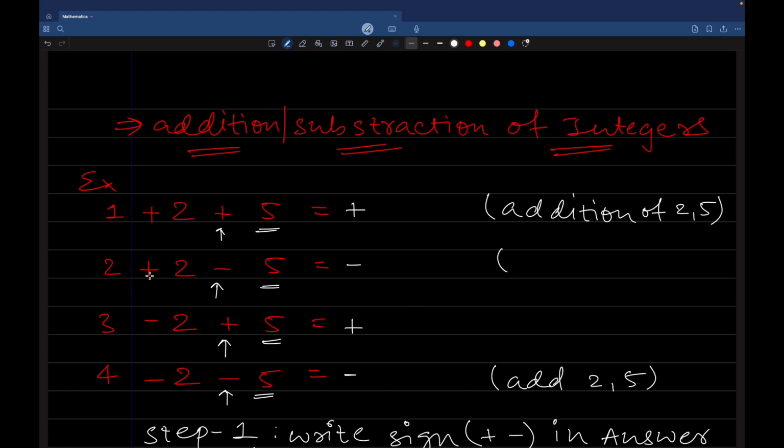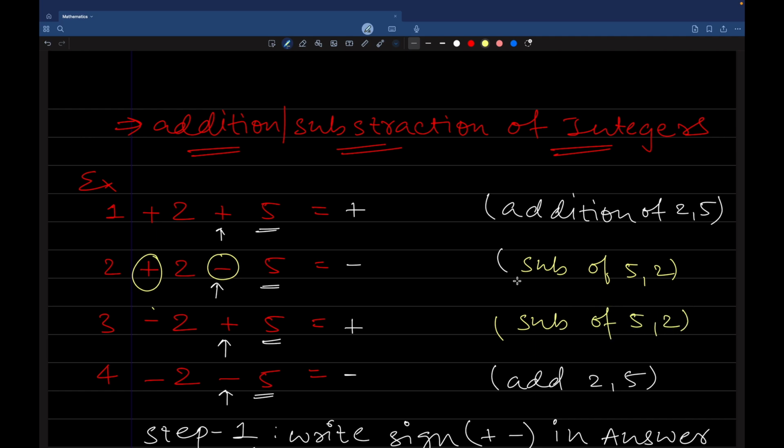In case 2 and 3, one is positive and another is negative, so perform subtraction of 5, 2. And in the third case also we have one positive and another negative, so perform subtraction of 5, 2. So let us write the answers.